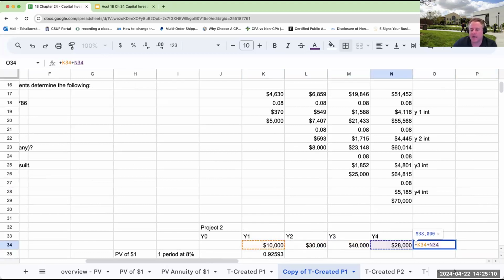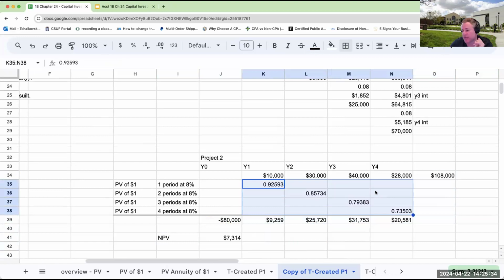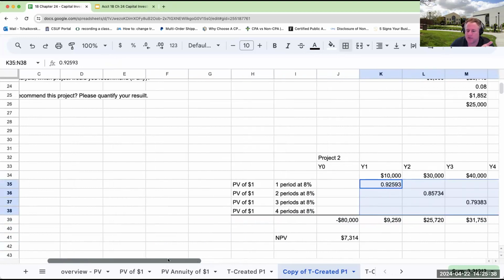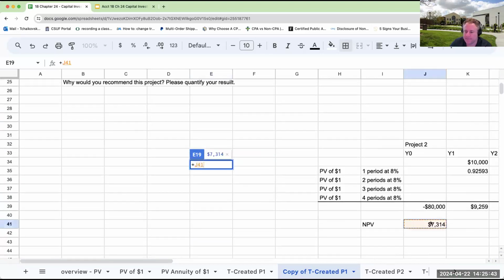Notice here, when I add up these 4 amounts, it equals 108. So using the net present value, I'm essentially adding up all of these amounts. Once I have determined the present value of a dollar for these periods, these values are never going to change, and I use them for all the different investments. So my net present value is 7,314.